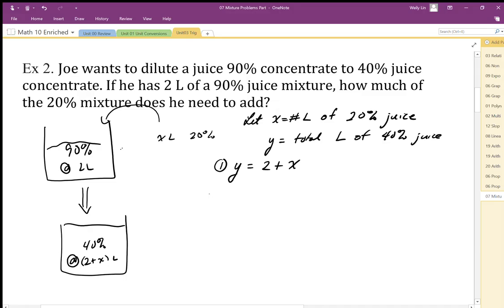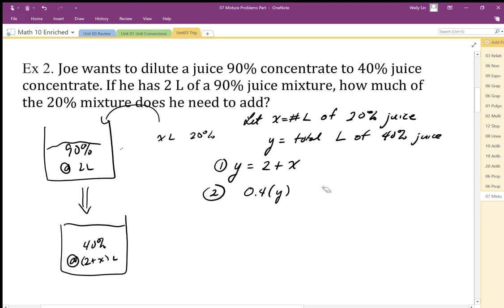We need to come up with a second relationship that involves x and y. So we can say that the total amount of concentrated juice is going to be determined by the percentage times the liters. So the total amount of concentrated juice is going to be 0.4 times y.